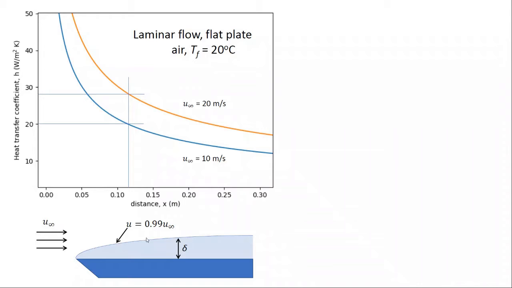So we know the hydrodynamic boundary layer, or velocity boundary layer, is defining the thickness of the region affected by the surface, which we're defining as the region where the velocity is slower than 99%, or 0.99 times the free stream velocity.